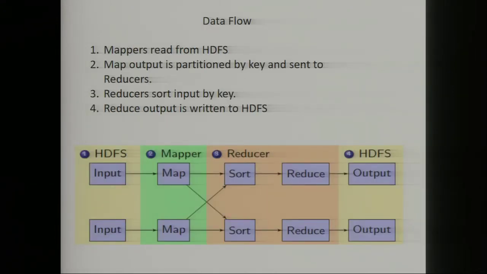Now this is the first set of points. The next thing is the data flow, how exactly we are trying to work with that. So mappers read from HDFS, the first point you need to understand. Then map output is partitioned by key and sent to reducers. Now this is where we break into the main aspect of the logical part, the logical thinking.